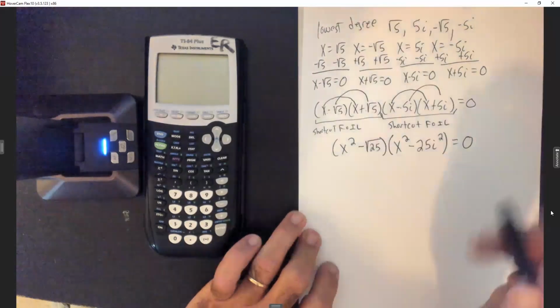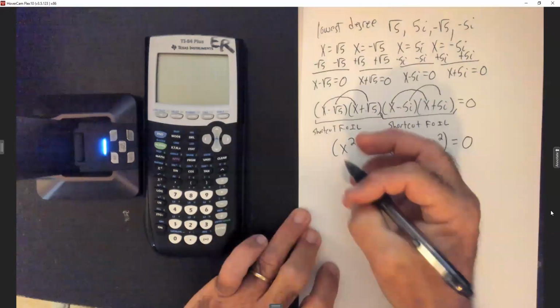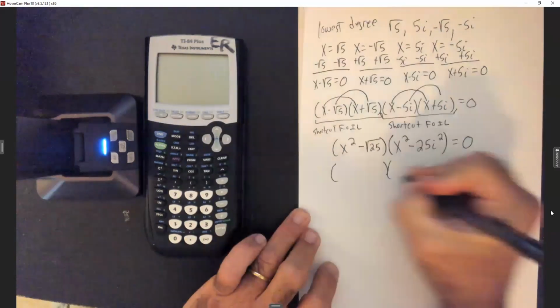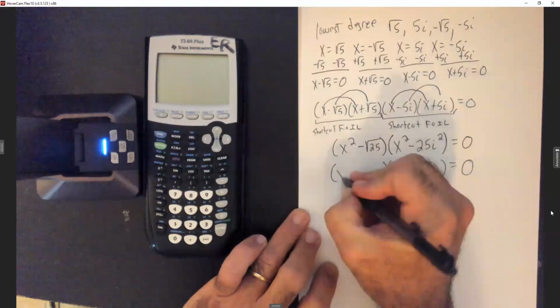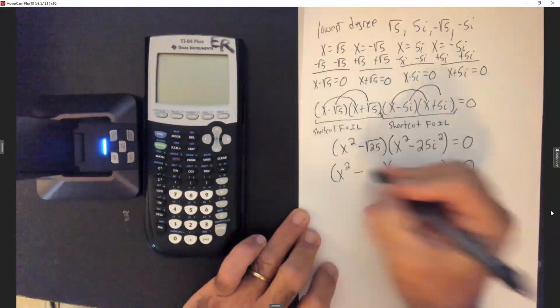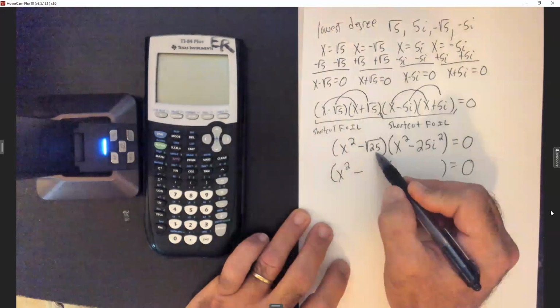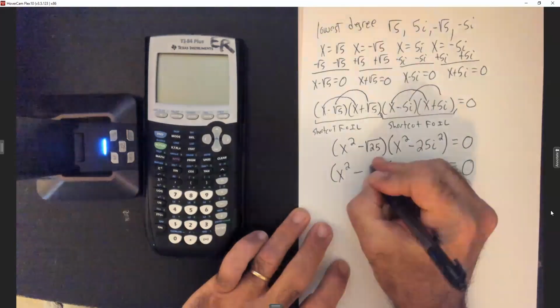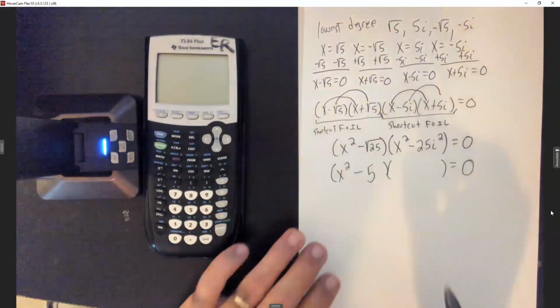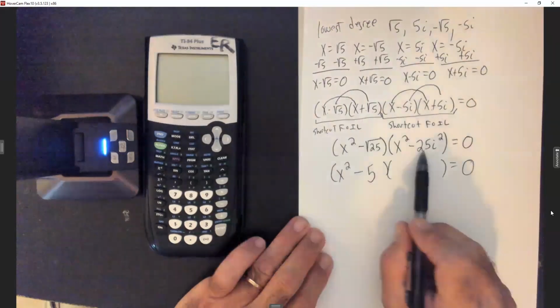Now, before I FOIL these, I'm going to simplify some of this stuff. I'm going to bring down the x squared minus, well, I know the square root of 25. Square root of 25 is 5. Over here, x squared minus 25i squared, well, y'all watch this.